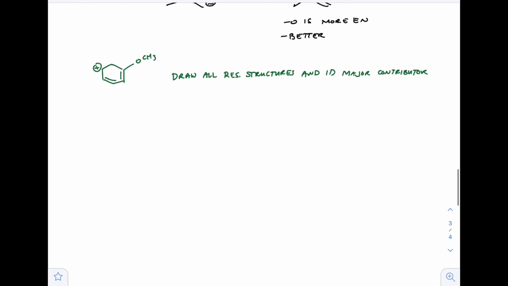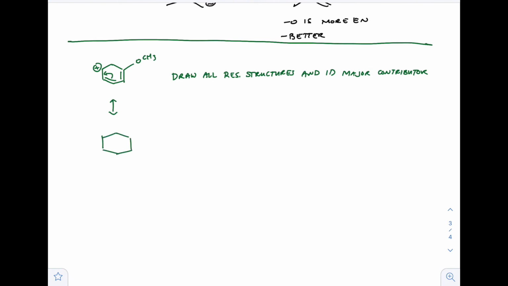I'm going to go through these pretty quick because it's resonance and we've done this for days. Now let's shift that pi bond over to where that carbocation is. Now we get the carbocation shifting. Now we've got this new carbocation, right? So I'm going to draw in those lone pairs for the oxygen just because they might matter soon.